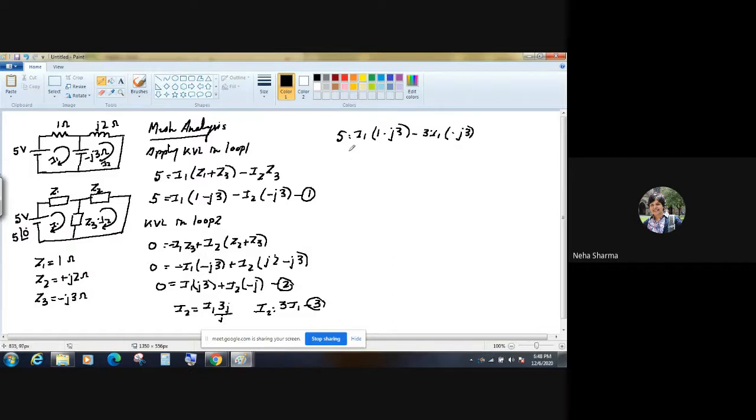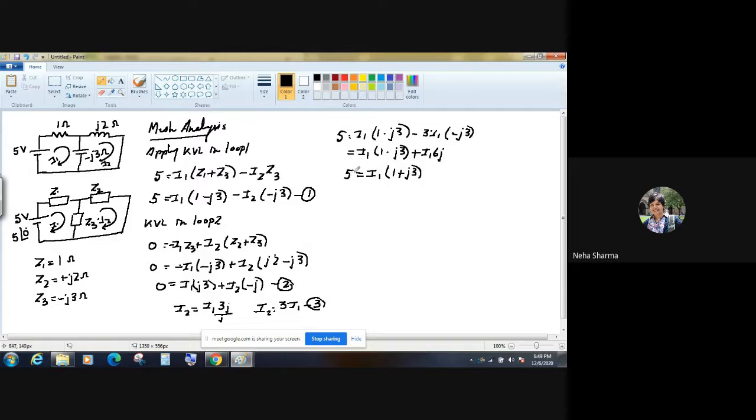So the equation takes the form 5 is equal to I1 times (1 minus j3), and since I have a negative here and a negative here, plus I1 again times 3 times j3, which is 3j. So this reduces to I1 times (1 plus j3), which is equal to 5.